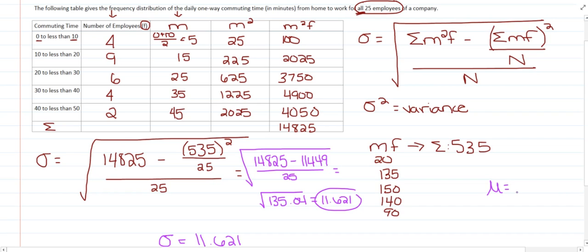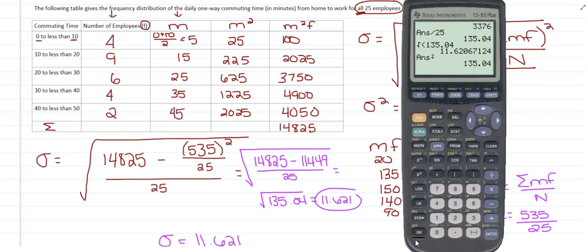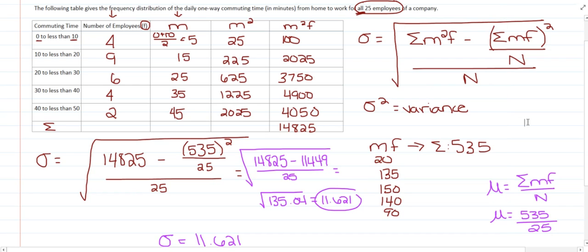The sum of MF divided by n. We had already found that, right? The sum of MF was this 535 right here. So 535 divided by 25 would give us the mean of this data. That's going to be 21.4.